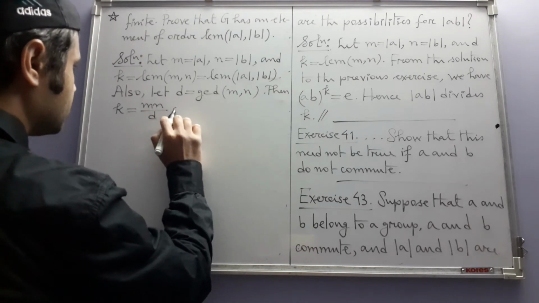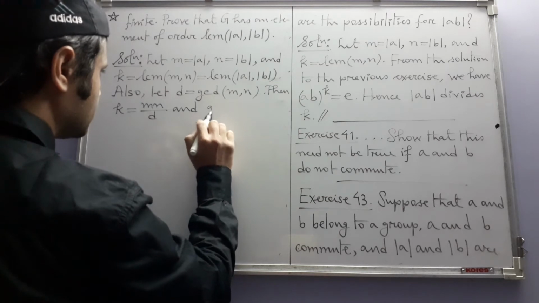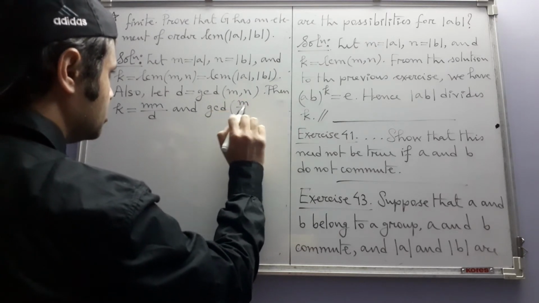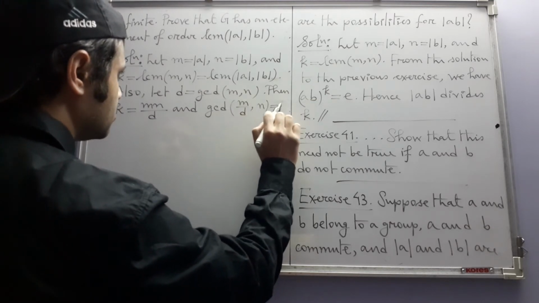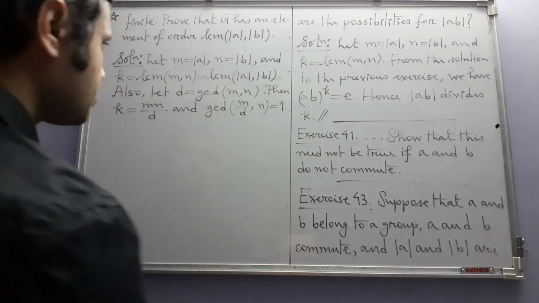And further, we know this. The GCD of M by D and N is 1. That also we know.